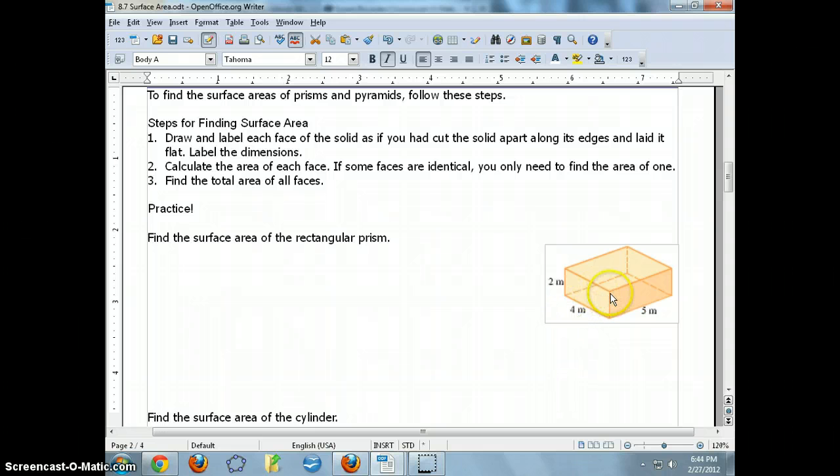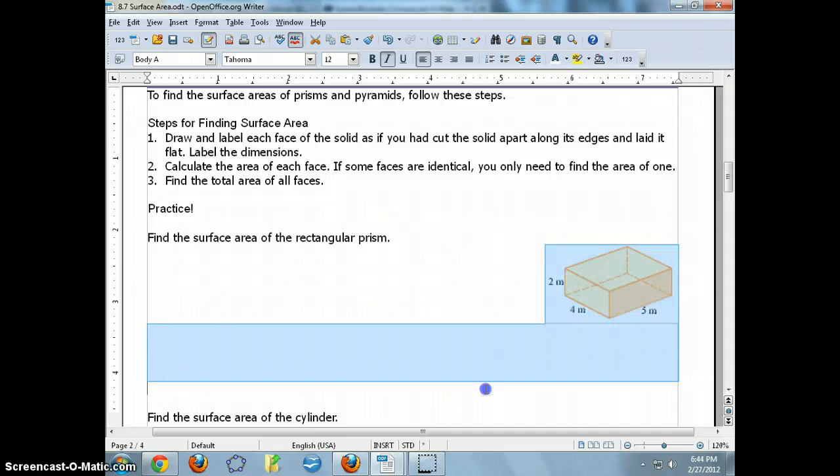Then we'll look at this face here. This is 2 times 5, and there's a second face in the back as well. Now the bottom part of this is 4 by 5, as is the top.